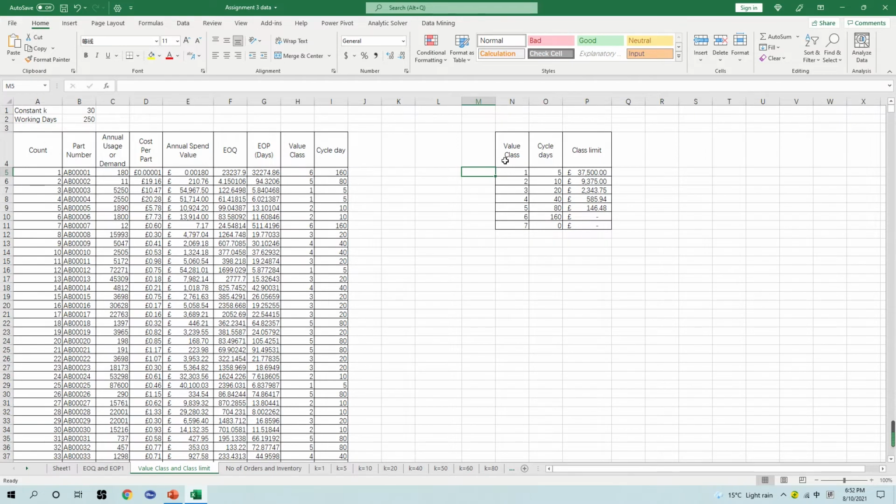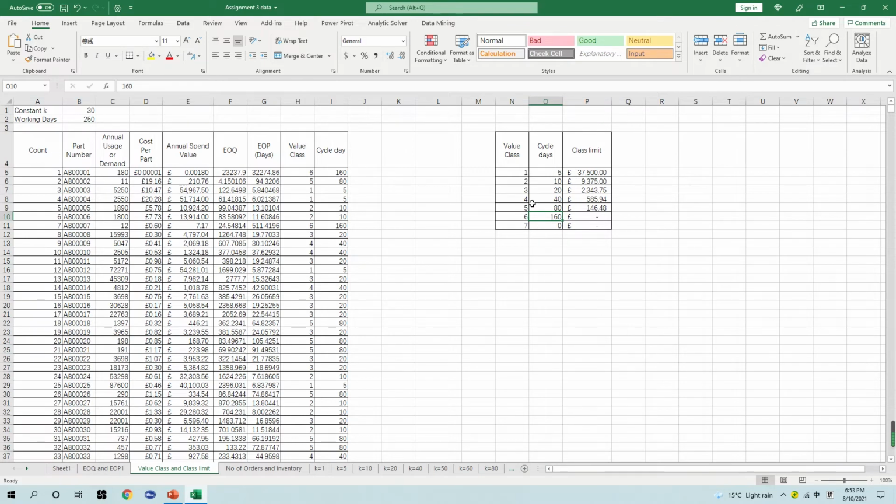We have this value class from 1 to 7, and then the cycle days. For cycle days, we just round up this EOP in days. We round it up because as you can see, there's a lot of values like 5.84 or 6.2 days. We simply round them up to these 5 days, 10 days, 20 days, 40 days, 80 days, and 160 days.